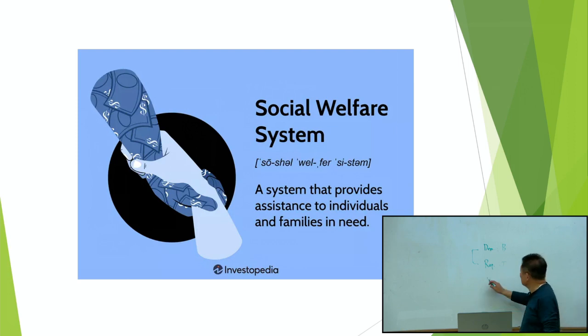Nowadays the Republican Party is gone, and there is only the Democratic Party and Trumpism or something like that. This is another story. Anyway, the Trump is very crazy. So the social welfare system is also the same issue in the president's role.